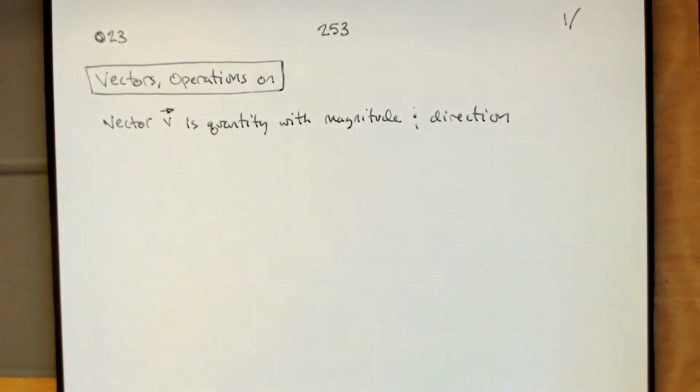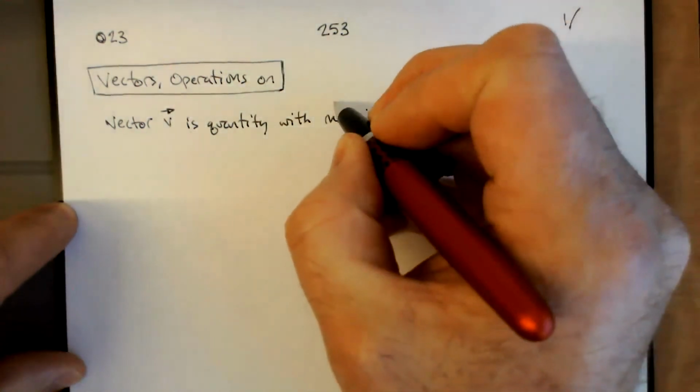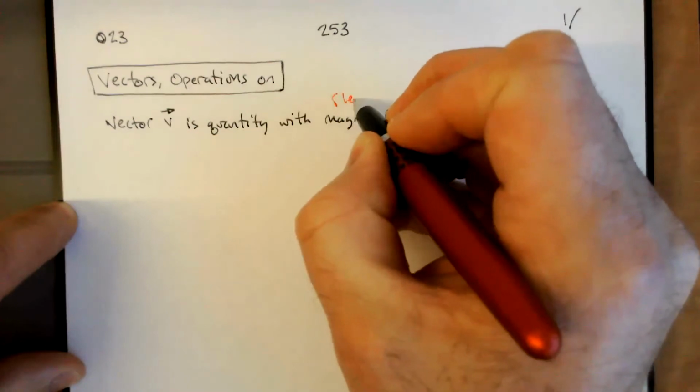We're going to denote vectors with arrows. The magnitude of the vector will just be the length of the vector. So the other way we're going to read magnitude is as length.